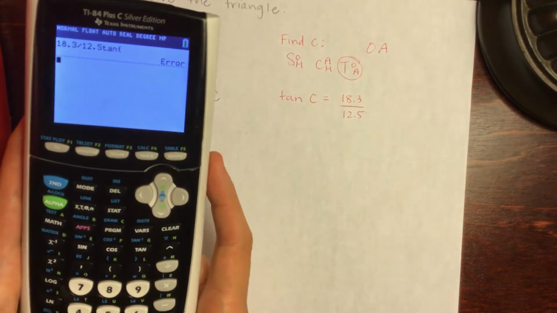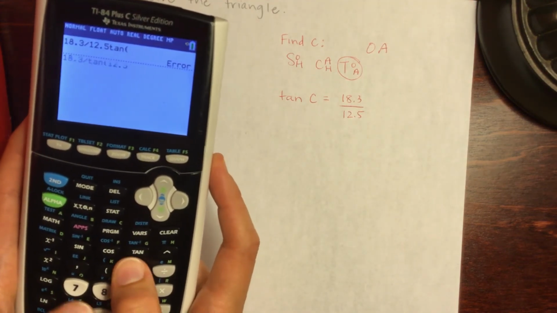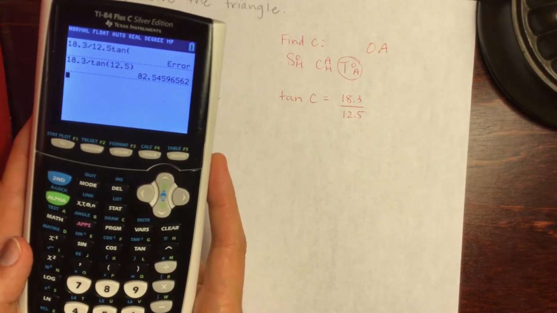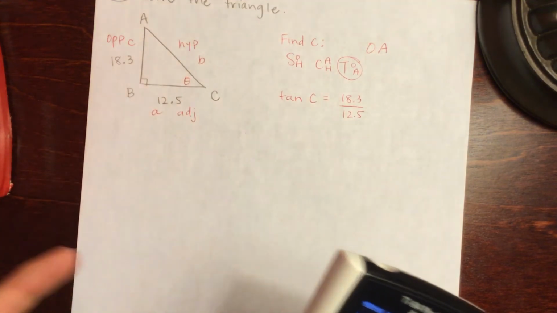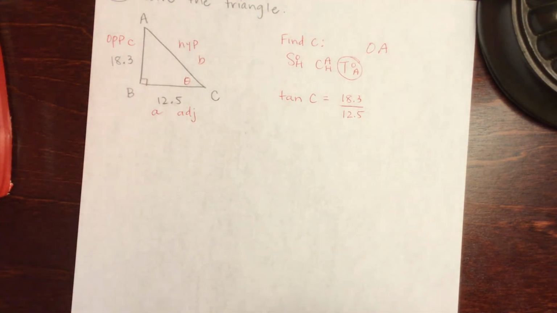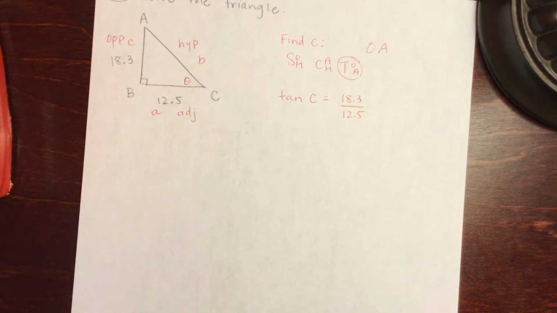It has to have an angle with it. And if I decided to do the tangent first, well, that's making 12.5 my angle. And nowhere in this triangle do I have 12.5 degrees. 12.5 is the length here, like feet, inches, distance, not degrees. So you cannot just divide your tangent over.